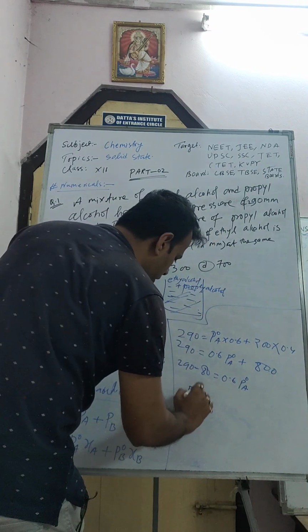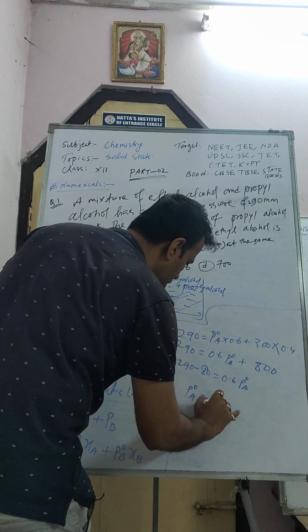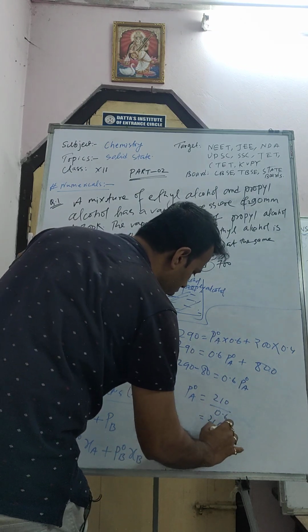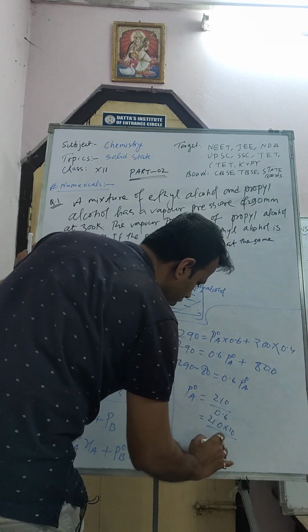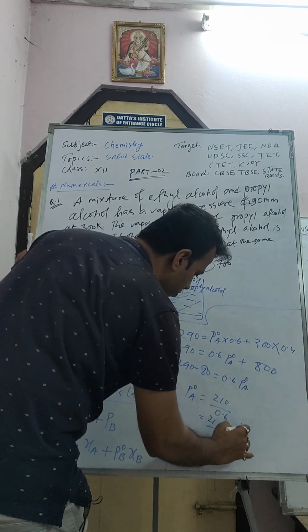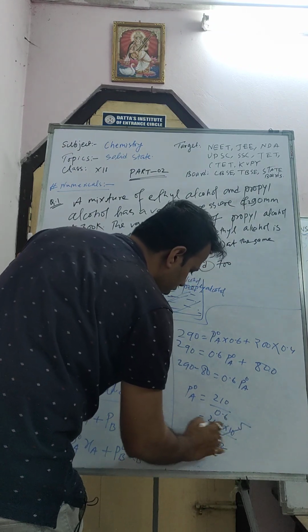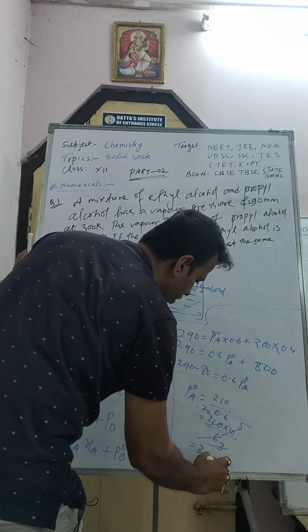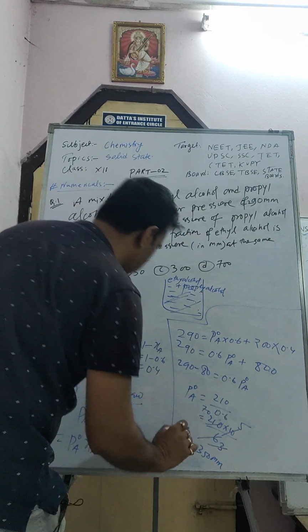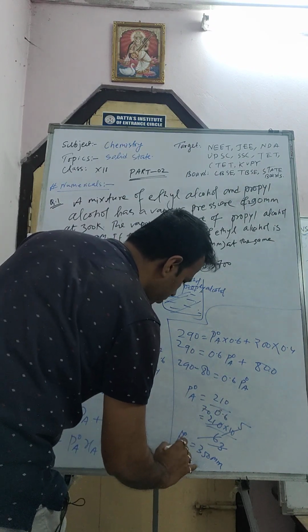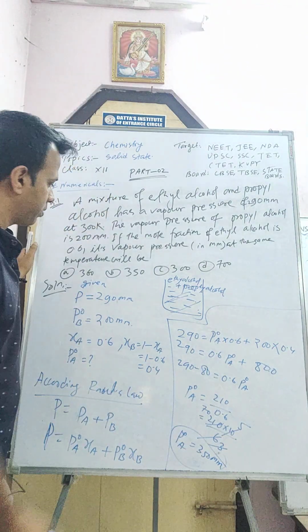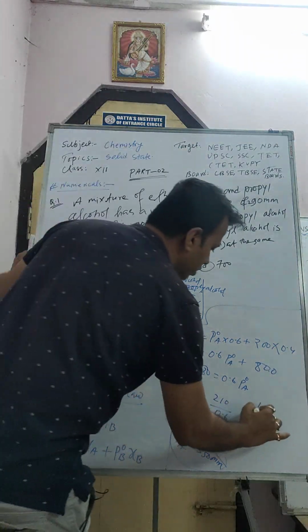So P0A will be 210 by 0.6. It will be 210 into 10 by 6. If we cancel this, it will be 5 and 3. It will be 70 times 5, that is 350 mm. Okay, so P0A will be 350 mm. So option B is correct.